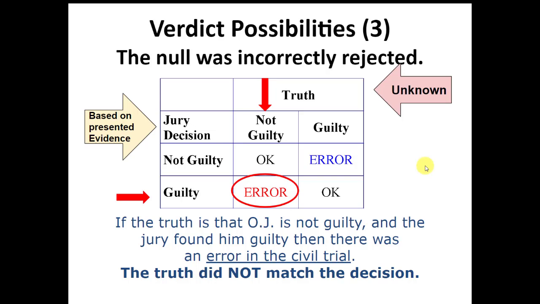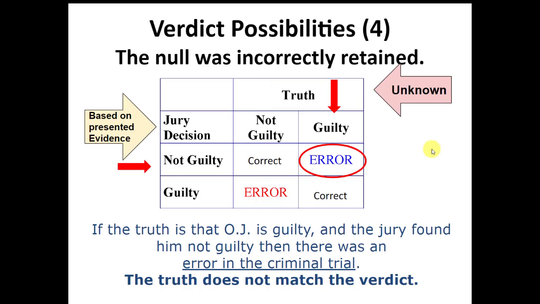So, if this is true, then the civil trial jurors made an error because the truth did not match the decision. In this situation, the null was incorrectly rejected. They should have stayed with not guilty, but they felt that there was enough evidence that they could change to guilty, and that was an error because the truth is that he was not guilty.